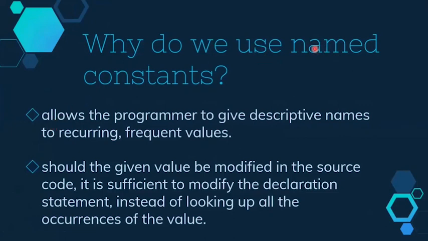Well, named constants allow the programmer to give descriptive names to recurring, frequent values. And one advantage is, should the given value be modified in the source code, it is sufficient to modify the declaration statement of the constant instead of looking up all the occurrences of the value.